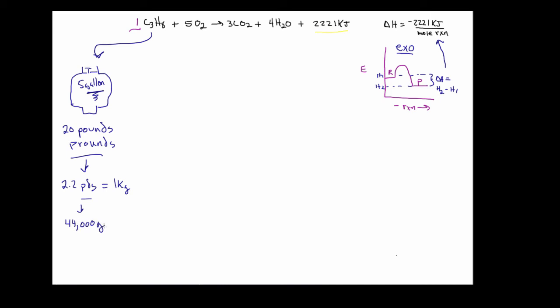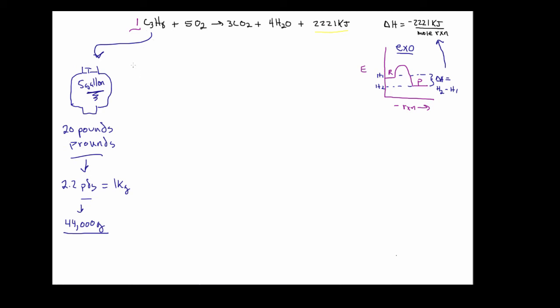What I want to calculate here is the total energy capacity of a 5-gallon propane tank. How many steaks can we cook? We're not actually going to figure out how many steaks, but we're going to calculate the total energy available, the total enthalpy available if we burn all of the propane that's in this 5-gallon tank.